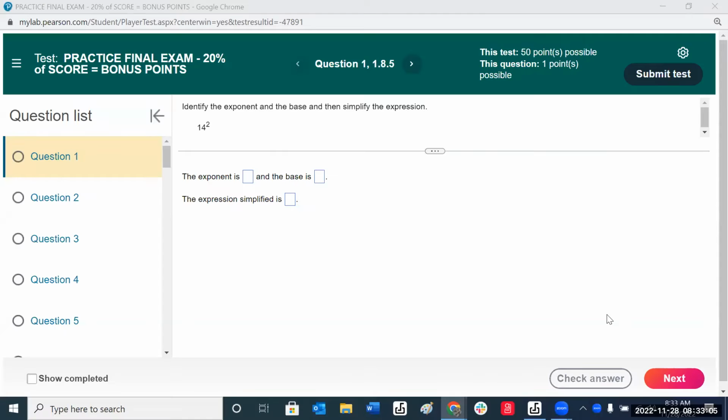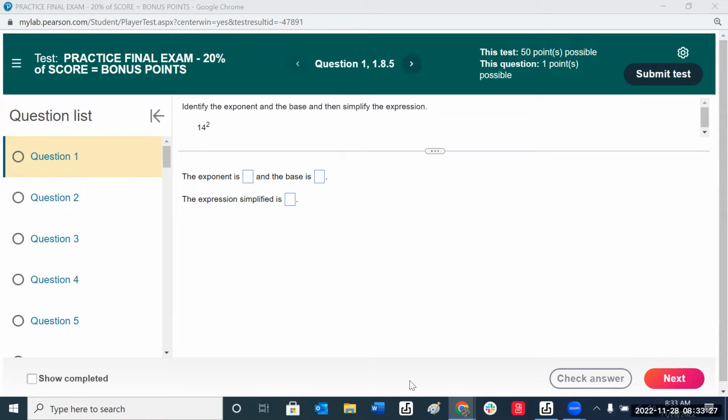Here's the first question. Identify the exponent and the base, and then simplify the expression. So what's the exponent? Let me go back.